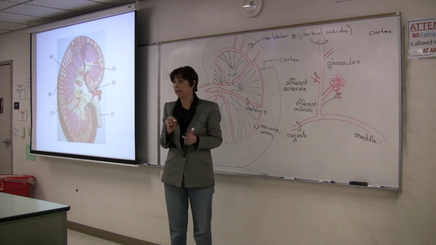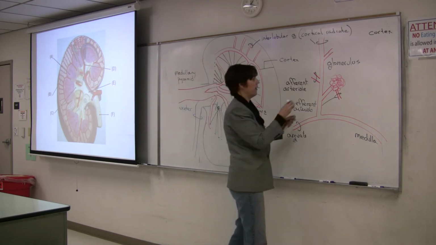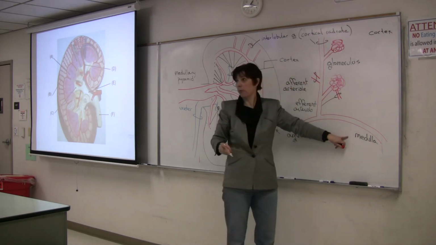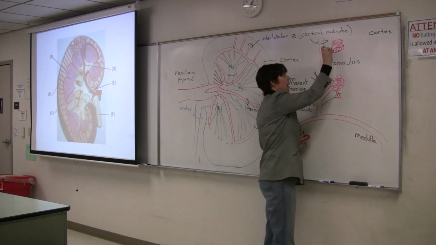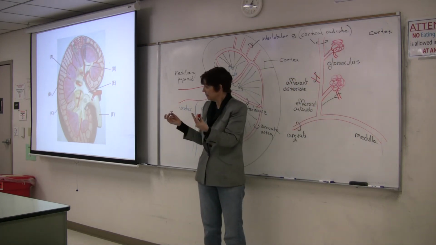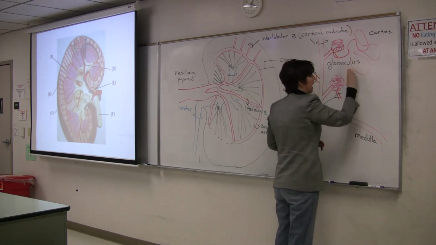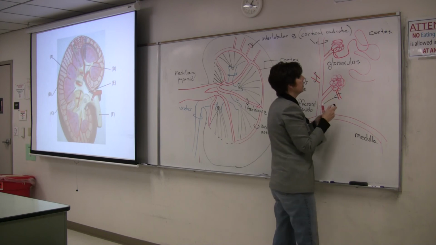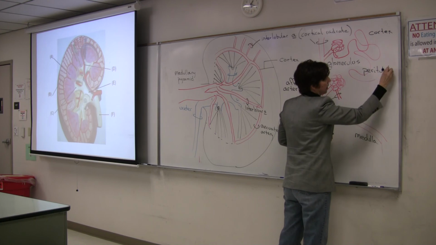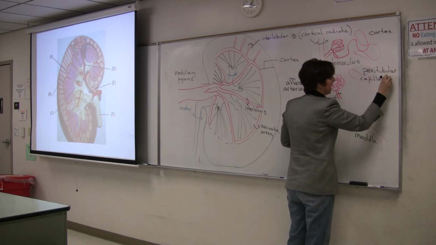Now, the efferent arteriole can do one of two things. If it's up high, in other words, farther away from the medulla, the efferent arteriole will lose its smooth muscle and form a large bed of capillaries known as peritubular capillaries.